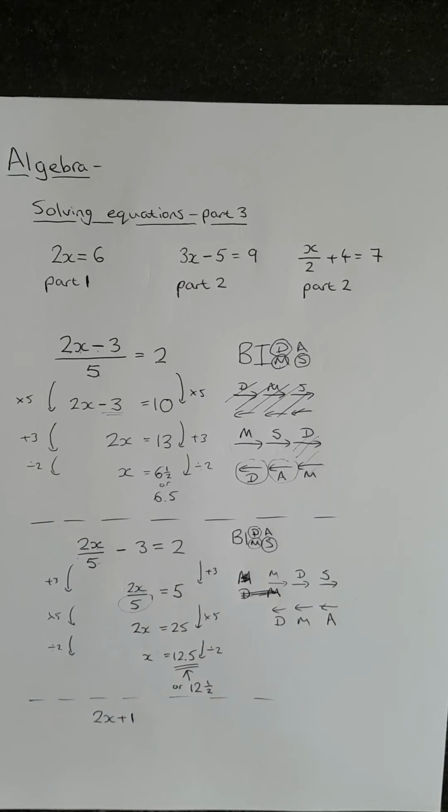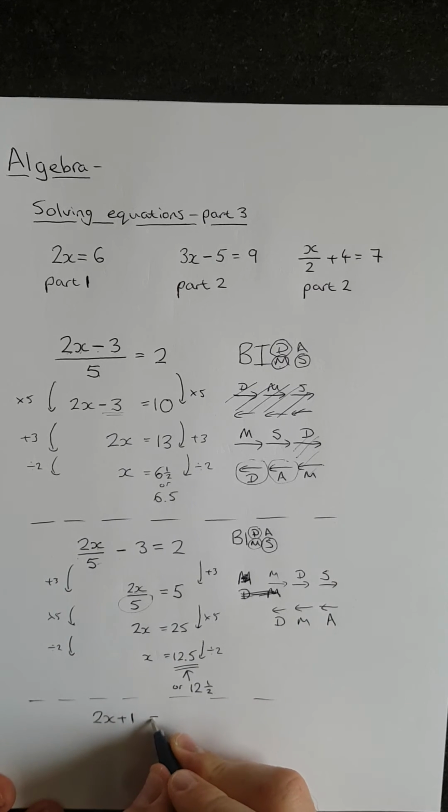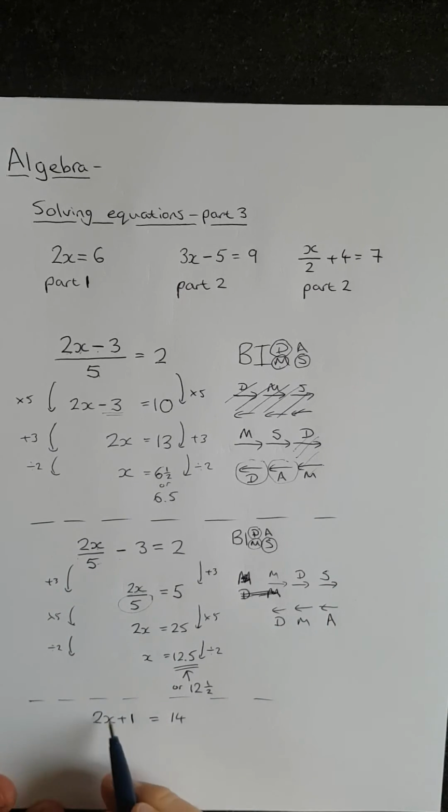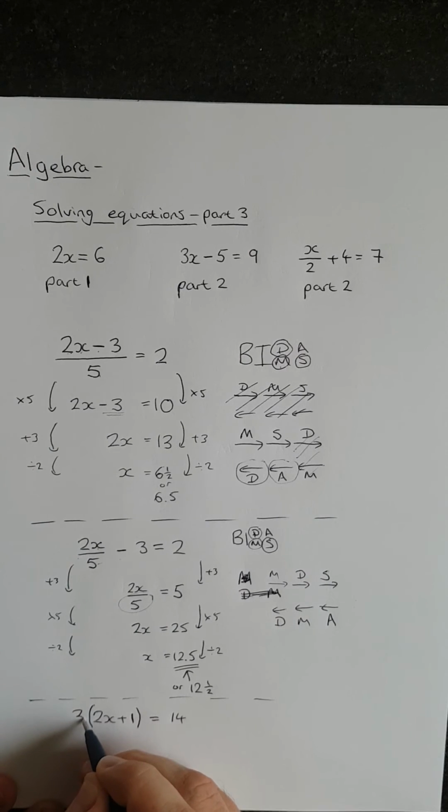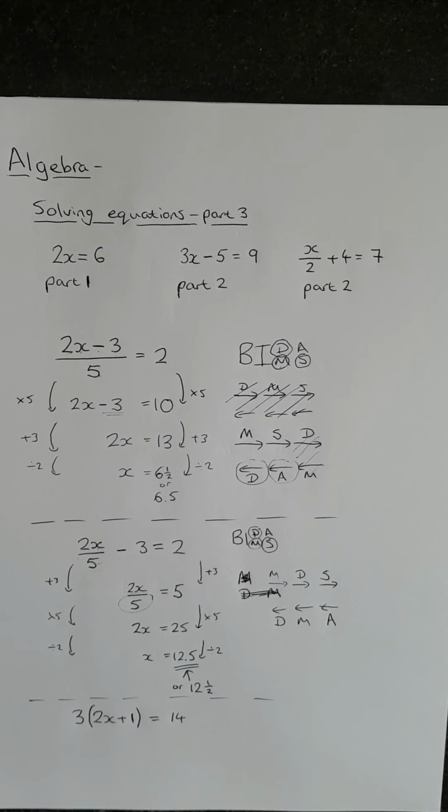So here is an expression, which I'll say is equal to 14, but I'm going to say everything here is multiplied by something. Now to show that, I'm going to draw a bracket. You'll need to watch the video on brackets and then expanding and factorising to help you with this.